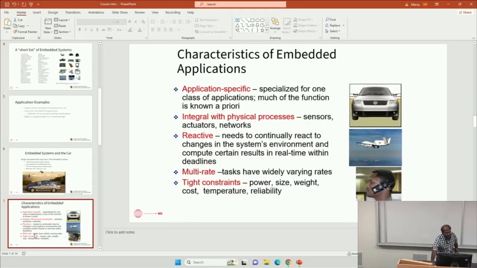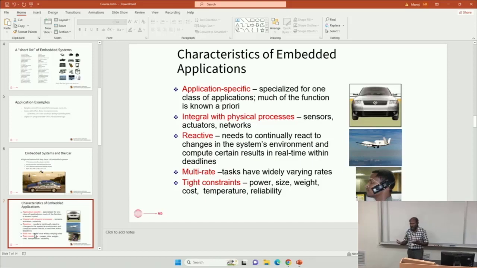So what are the characteristics of embedded applications? Unlike general purpose systems, embedded systems are more application specific. And they are tightly coupled with the physical environment in which they are operating.